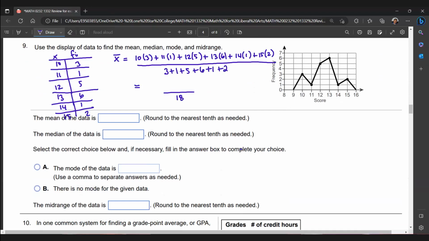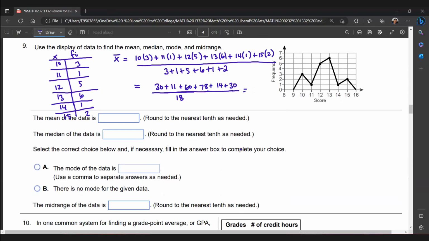And then let's do this up here. So we got 30 plus 11 plus 24, plus 6 times 3 is 18. Wait, this is not 24. This is equal to 16. Plus, in this case, that will be 78 plus 14 plus 30.